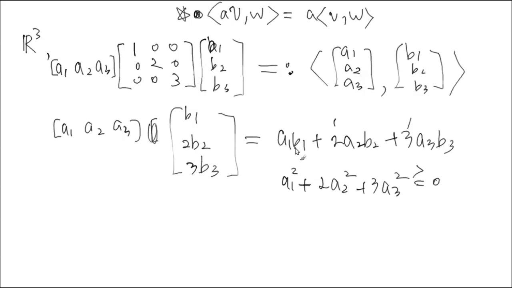That's why there's a conjugate involved. If you leave it without conjugate, it's going to hit a negative number. So it's already positive, because positive, positive, positive. And when it's 0, this has to be all 0. So that makes A1, A2, A3 0, right?